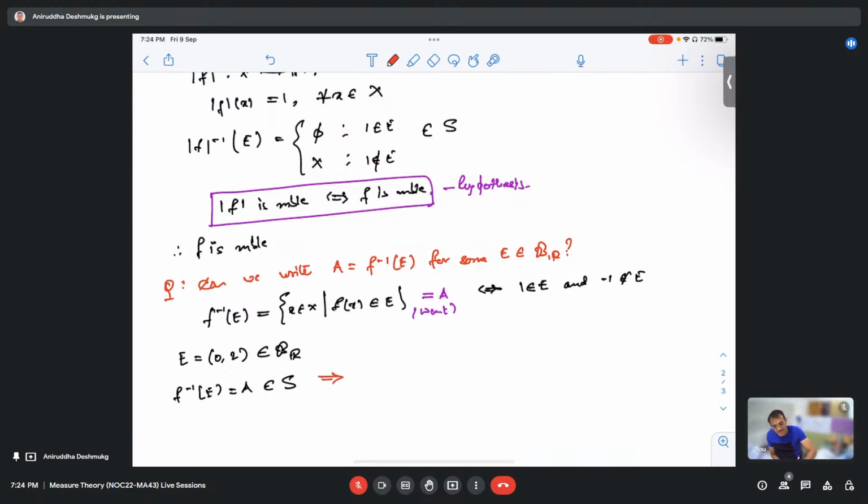Does this imply that S is equal to the power set of X? The pre-image of any open set belongs to the sigma algebra.